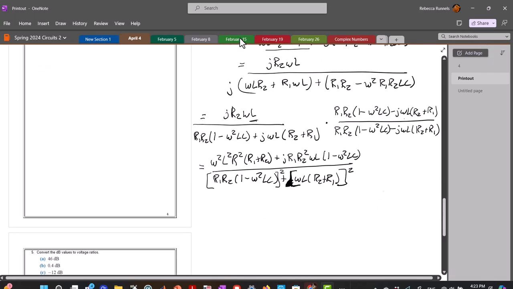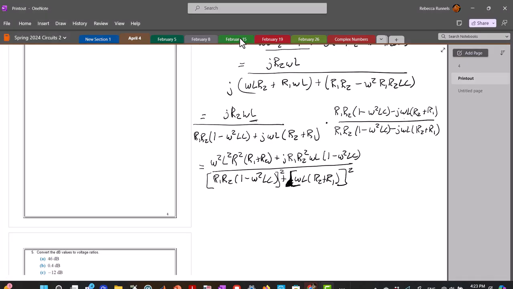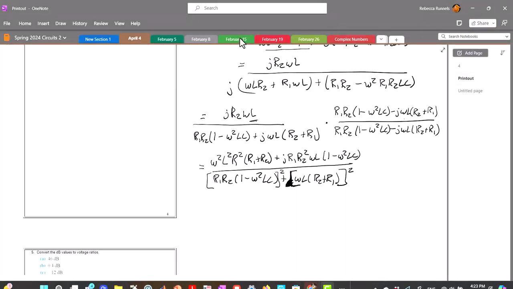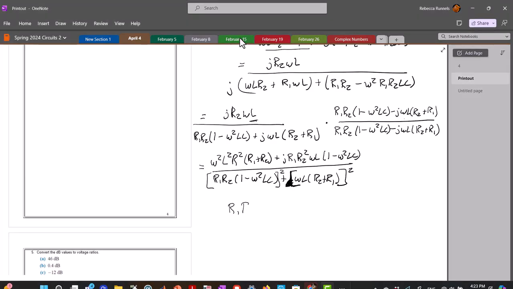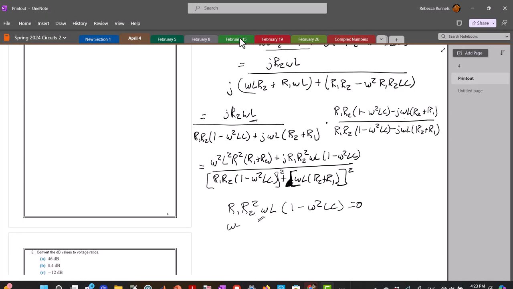When you multiply by the conjugate, what you get is the real part squared plus the imaginary part squared. And now to find out where this is completely real, you take just the numerator and just the imaginary part, and set it equal to 0. R1 R2 squared omega L times 1 minus omega squared LC equals 0. From this part, we get omega equals 0.